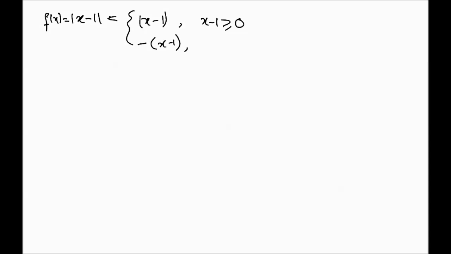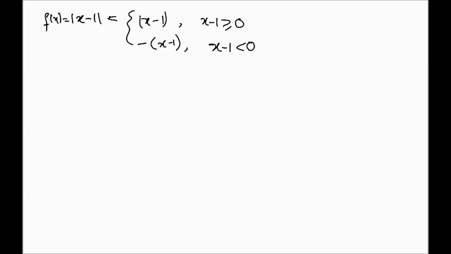So let's look at another example of an absolute value function. Let's see this absolute value function, f of x equals the absolute value of x minus 1. According to the definition, it's simply going to be x minus 1, as it is. Let's put a bracket around it. For x minus 1 greater than or equal to 0, and it's going to be negative of x minus 1 when x minus 1 is less than 0.